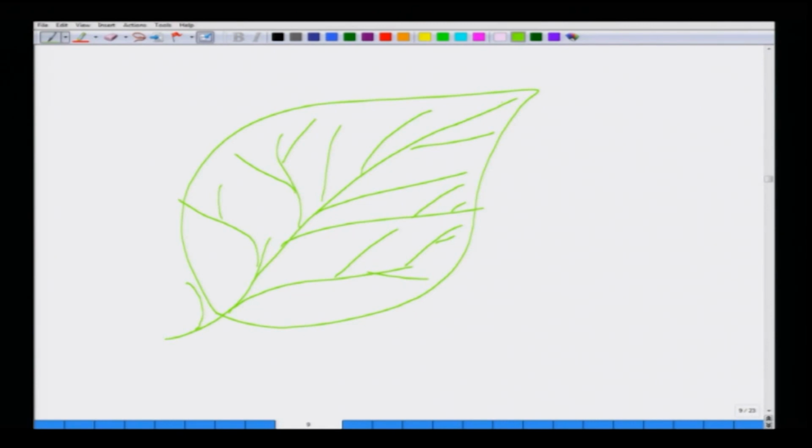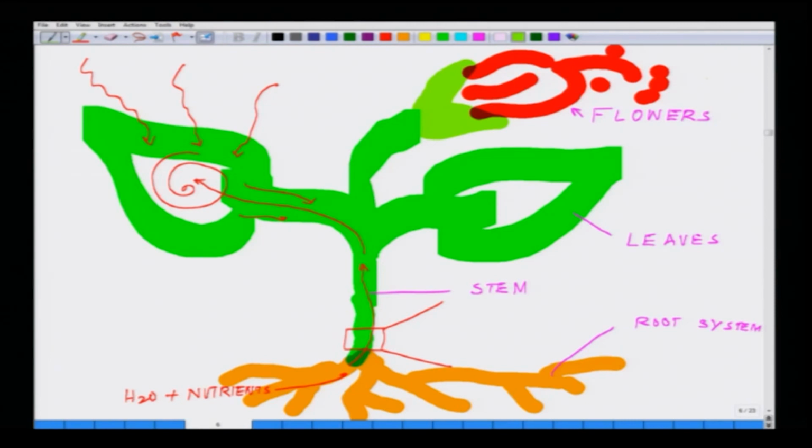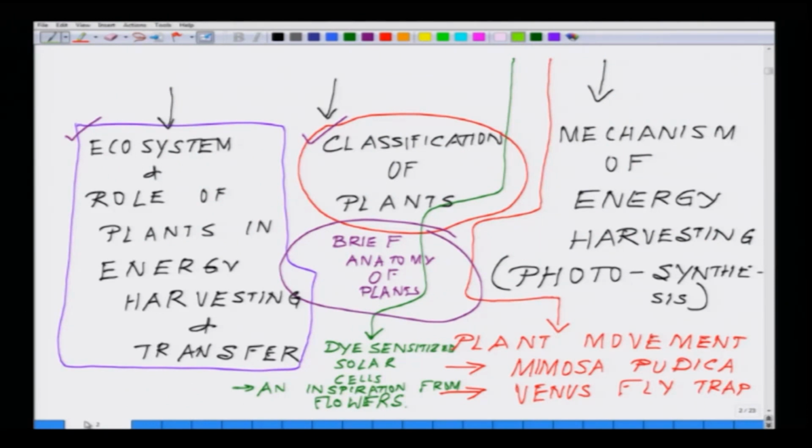Okay. Apart from it, what is important for you to understand is why I have drawn the flower. These flowers are the inspiration for, as I mentioned in the first slide, the dye-sensitized solar cell.